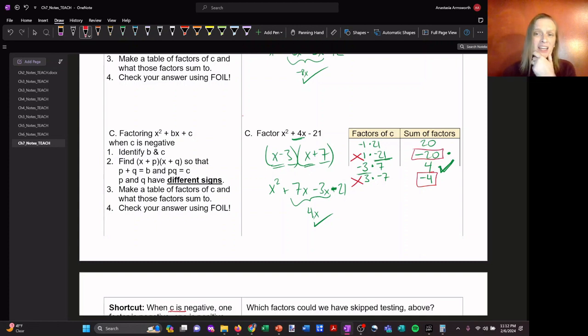Another one that as you get used to doing these problems you might skip testing is when you have such a small value for b here, you're probably not going to be testing these extreme factors because the sum is so large. And so we wanted a smaller b value, and testing factors that are closer together first will get you to the answer more quickly.